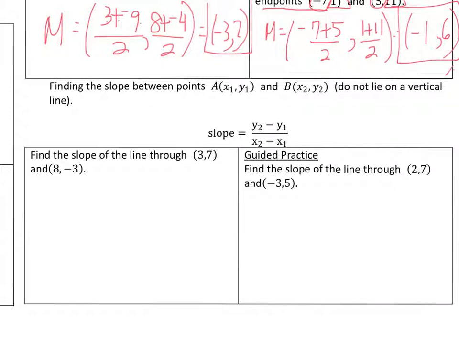Okay, and let's just do a quick review of finding the slope between 2 points, x1, y1, and x2, y2. You will need to know it for this lesson. So remember, the slope formula is the difference between the y coordinates over the difference of the x coordinates.